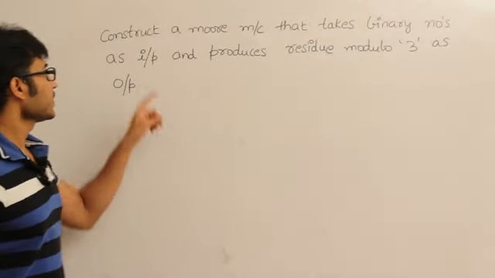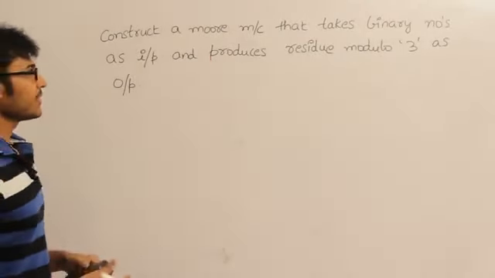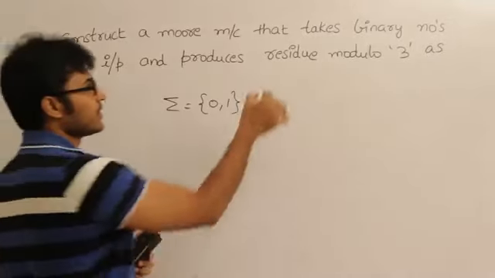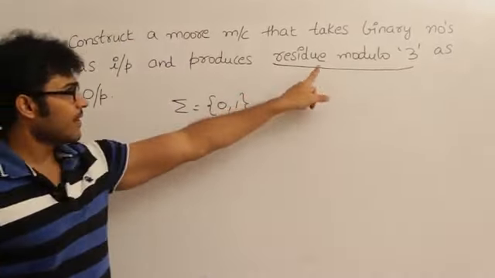Let us say we have to construct a Moore machine that takes the set of all binary numbers, which means sigma equals 0 comma 1, and produces residue modulo 3. What does it mean? If I take a binary number and divide it by 3, whatever is the remainder, that should be printed.